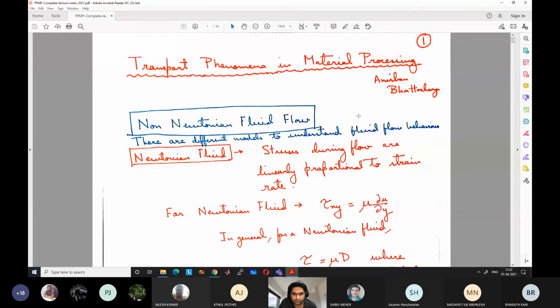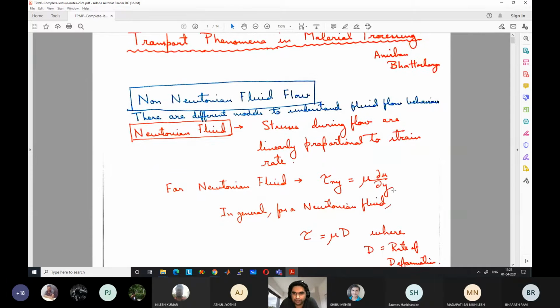Some fluids, like water, as shown in the video, or honey, behave in a similar way, and the main characteristic for them is that if you increase the rate of deformation, I will come to what the rate of deformation is, then the force also increases linearly with it.